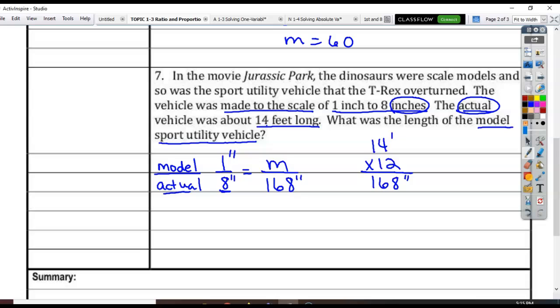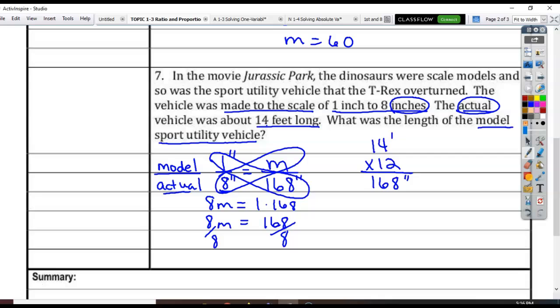And then I'm going to cross multiply. Now, it doesn't matter if you go the top diagonal before the bottom diagonal. I'm going to go like this because I want my 8m just to go ahead and be on the left side so I don't have to move it. And then right over here, 1 times 168 is just 168. Okay, then I'm going to divide both sides by 8.